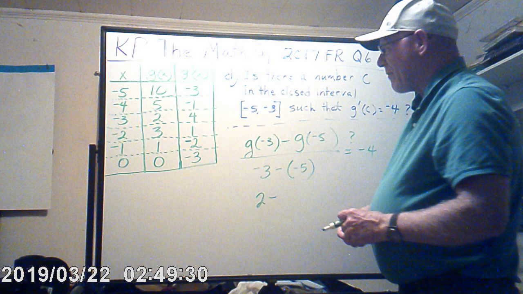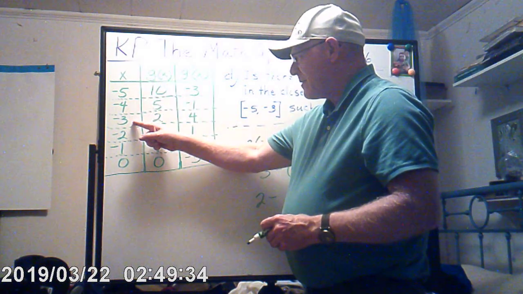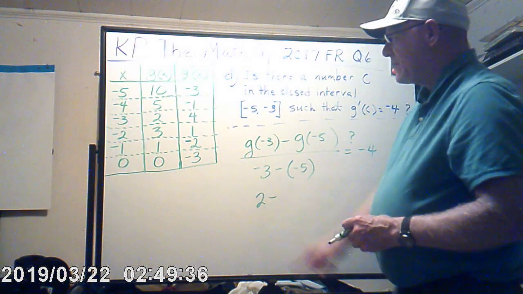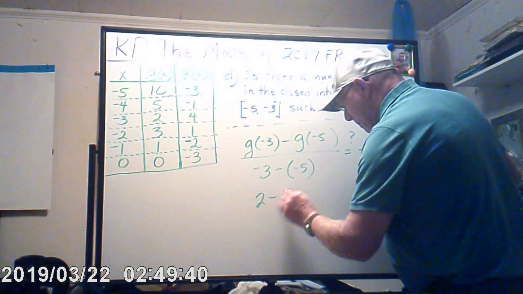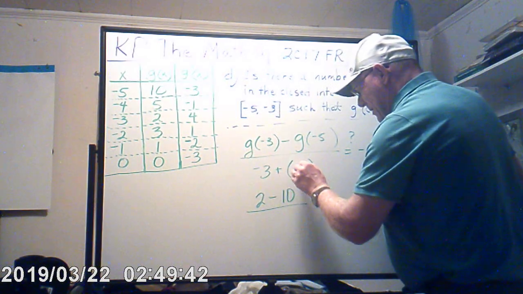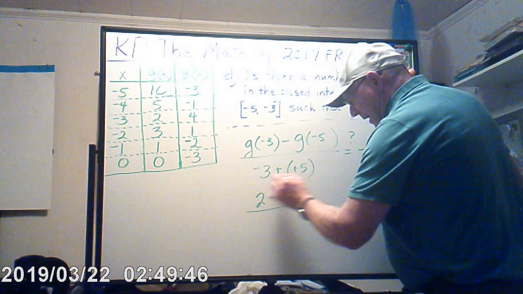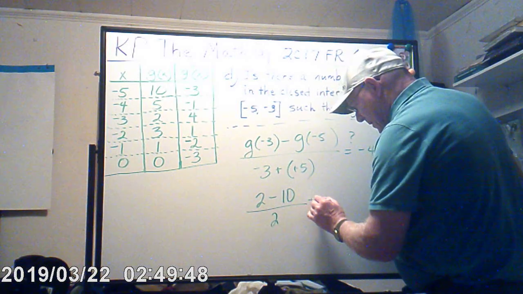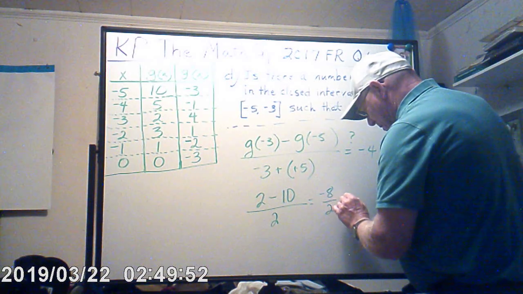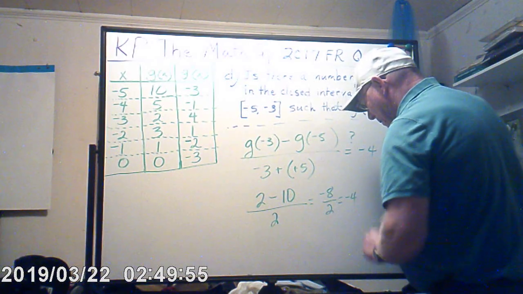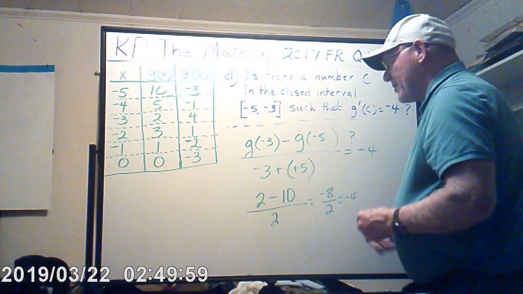So g at -3 is 2, g at -5 is 10, so 2 minus 10 over, now this is of course plus plus, we should know that, that's fundamental, -3 plus 5 is 2. And look at this, this is -8 over 2, which is -4. Now, yes, there is at least one.